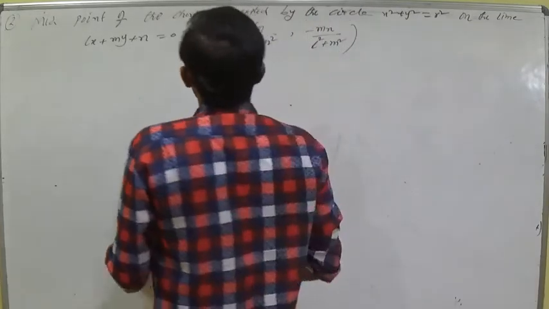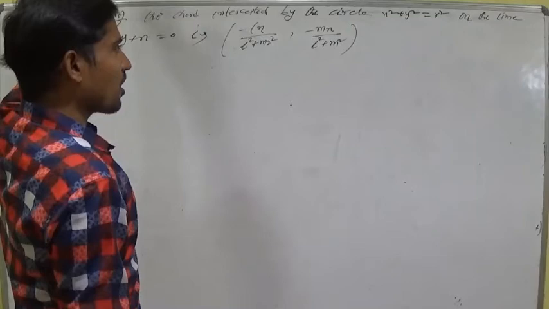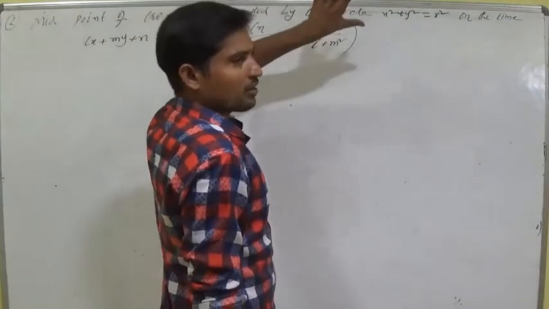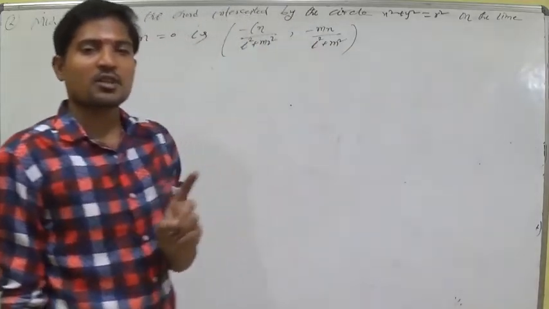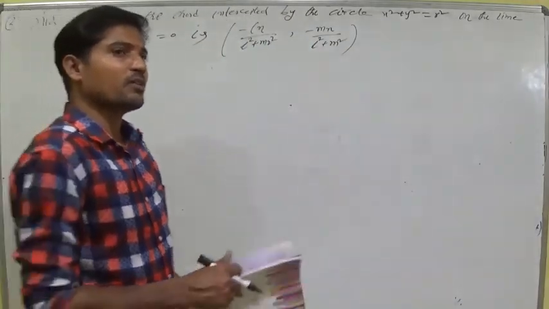So the midpoint of the chord intercepted by the line is minus ln by l square plus m square, minus mn by l square plus m square.